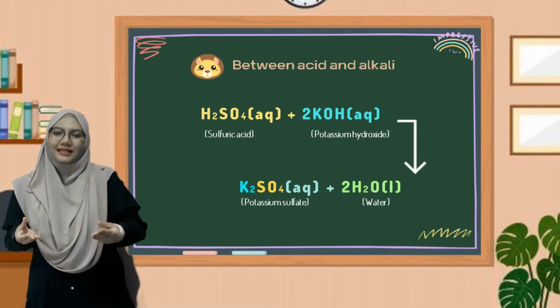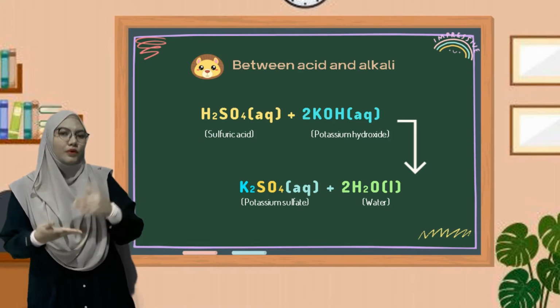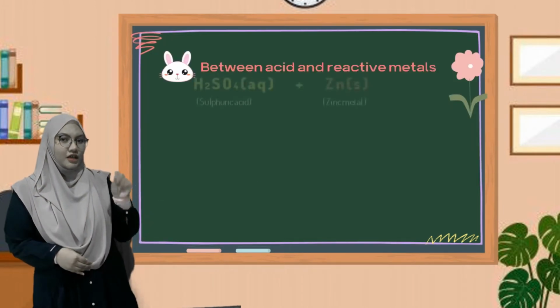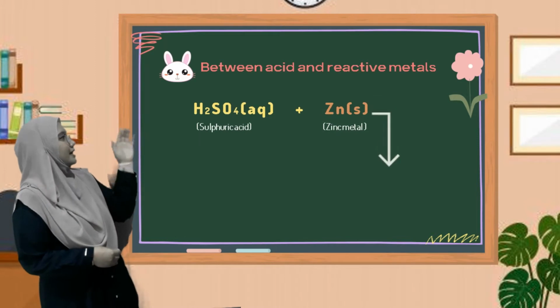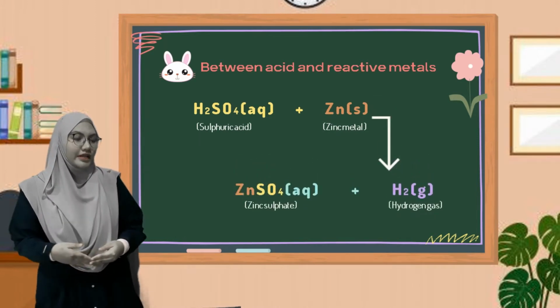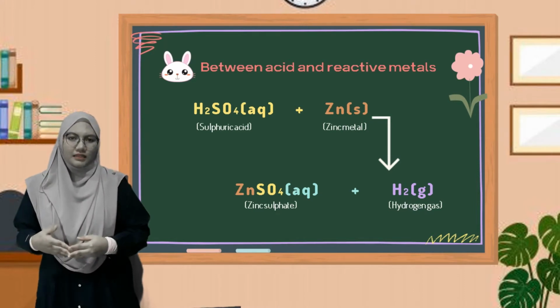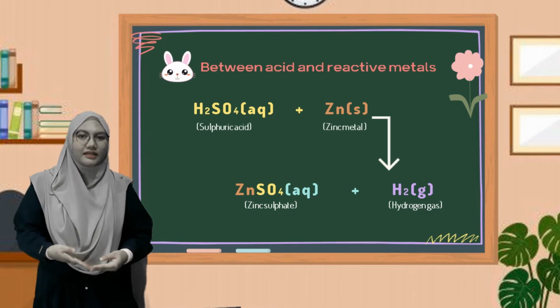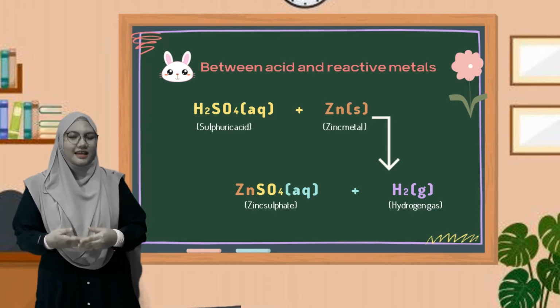So, the salt in this reaction is potassium sulfate. For the second reaction, we have the reaction between acid and reactive metal. Here we have sulfuric acid and zinc metal. When these two react, they produce zinc chloride and also hydrogen gas.